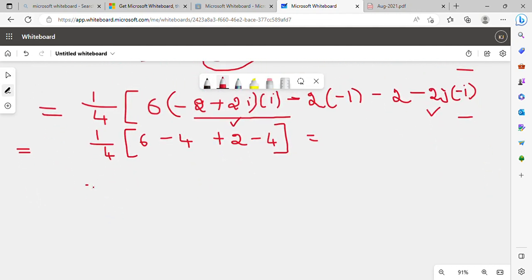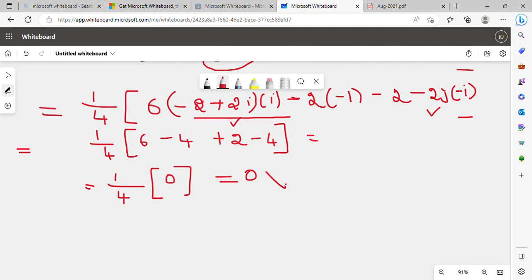So now if I simplify this, 1 by 4 into, if I take 6 minus 4 plus 2 minus 4, what I'm getting is 0, right? So I'll get 0. And 1 by 4 into 0 is 0, right?